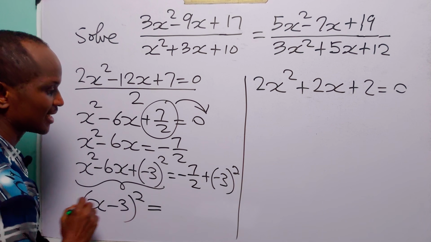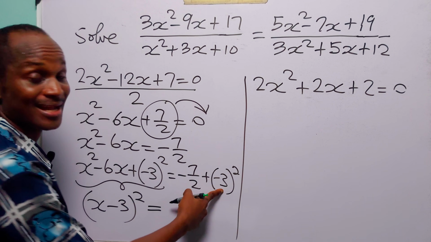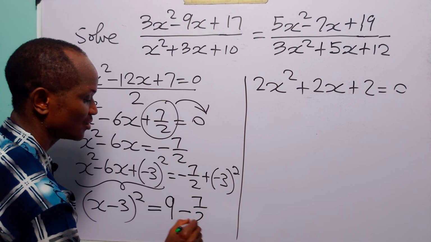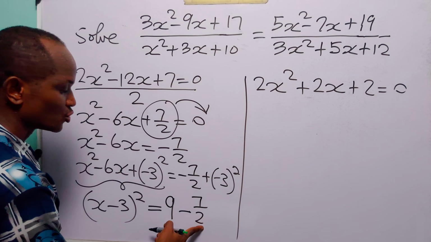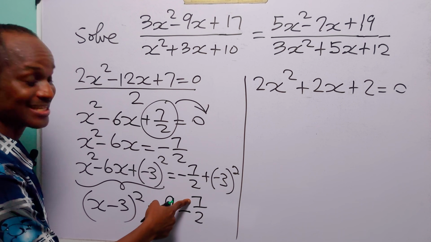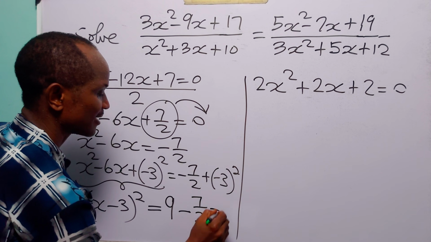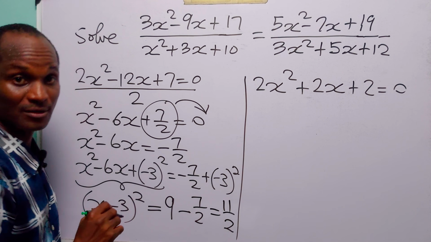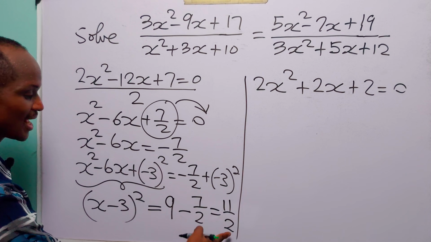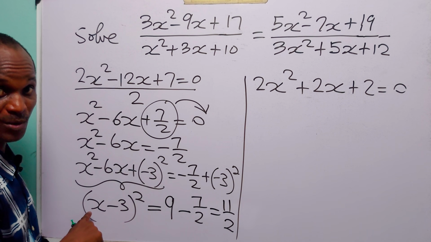Of course, you know that if we expand this, we get exactly this. And of course, this is equal to minus 3 squared is 9. And then we have minus 7 over 2. Now, 2 times 9 is 18. 18 minus 7 is 11. So this is equal to 11 over 2. Of course, the last thing we are going to do to get rid of this square is to take square root of both sides of this equation.